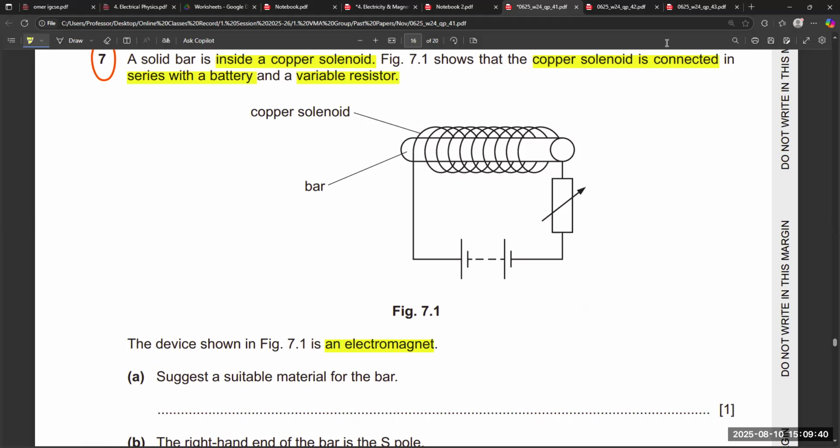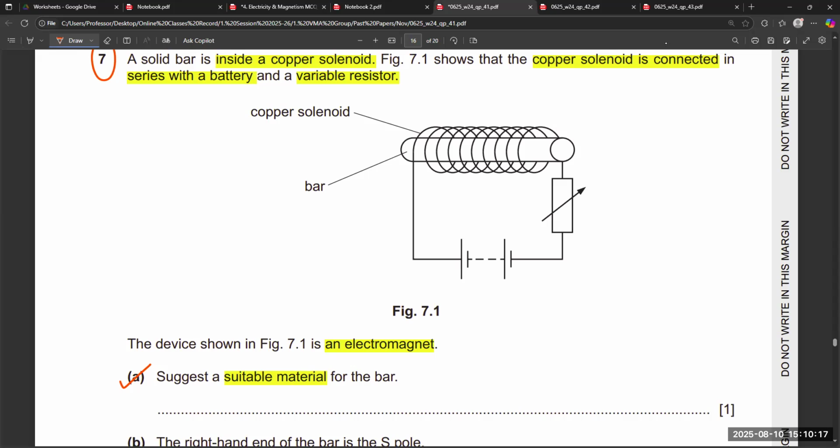So first of all, suggest a suitable material for the bar. Which material do we have to use for an electromagnet? We have two types of material that we commonly use, iron or steel. We are going to use iron because steel is a permanent type of material.